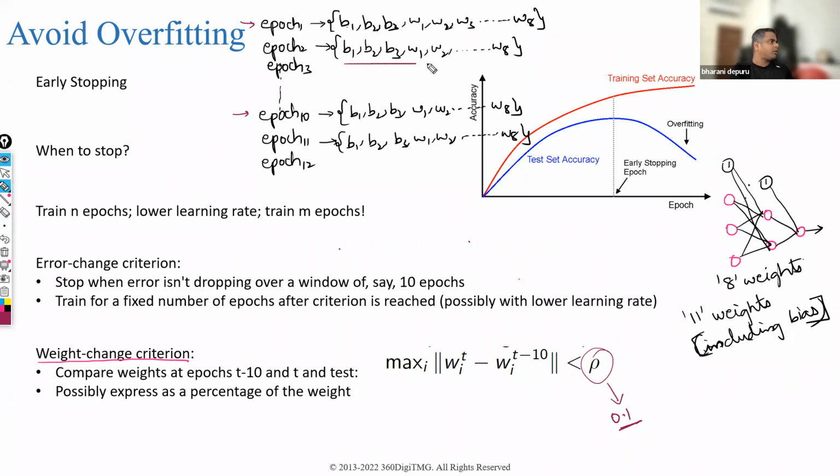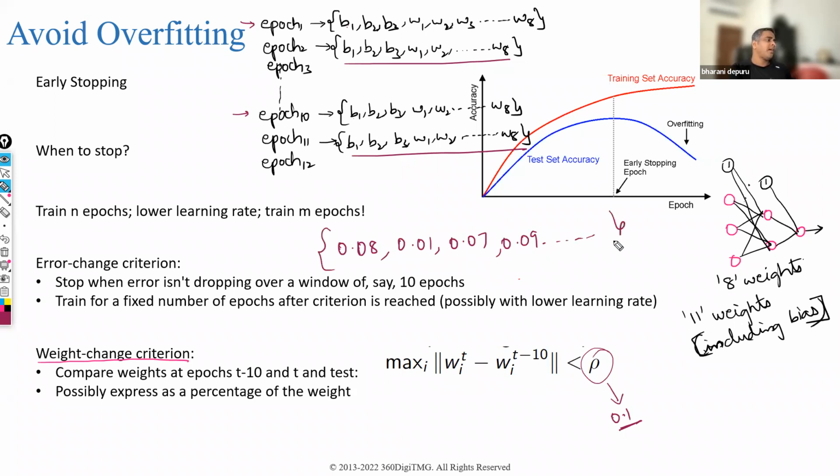when you go to epoch 2 and epoch 11, when you subtract B1, B2 from B2, B3 from B3, W1 from W1, so on and so forth, you get different values. Say you got 0.08, right? 0.01, 0.07, right? 0.09, so on and so forth.